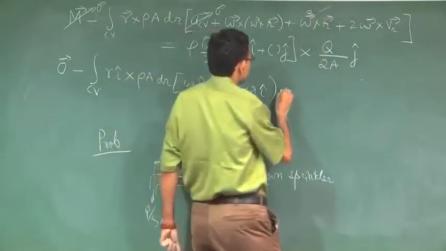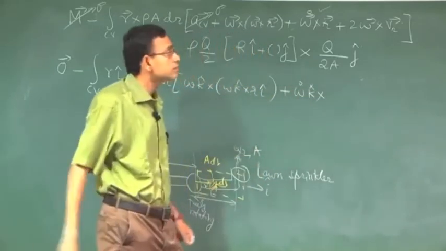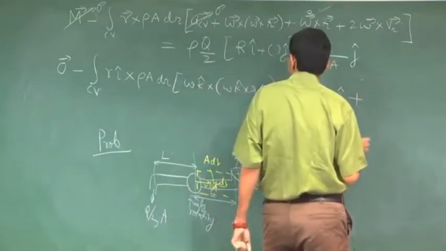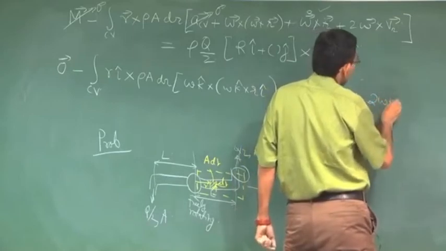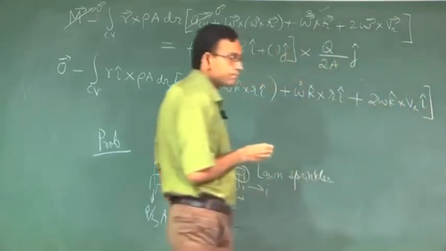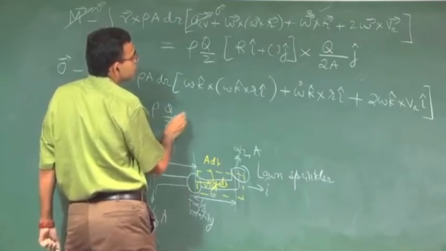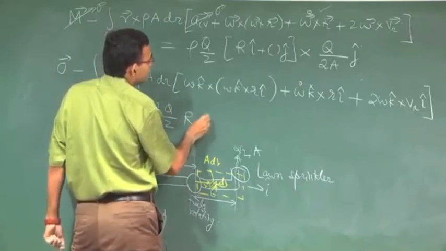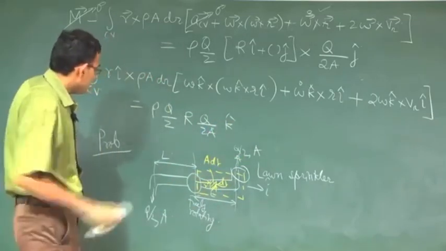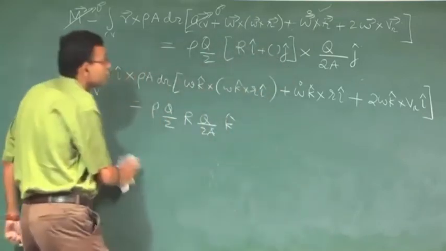So plus omega dot k cross r i plus 2 omega k cross Vr i, right, and the right hand side is rho q by 2 r, q by 2A, i cross j is k. So let me erase this figure so that I have some space for doing the cross products.